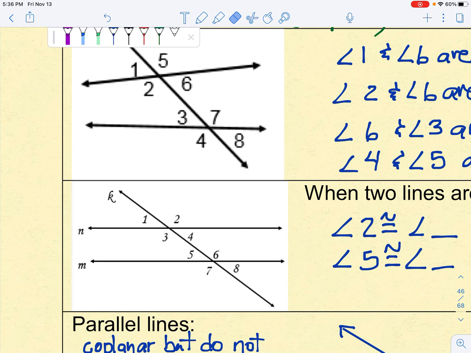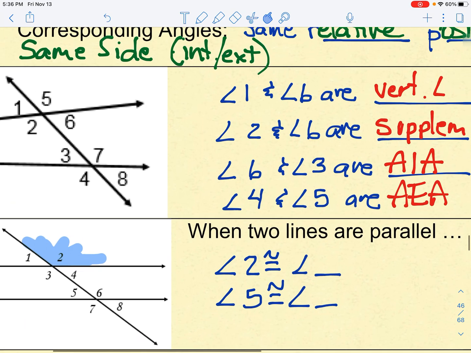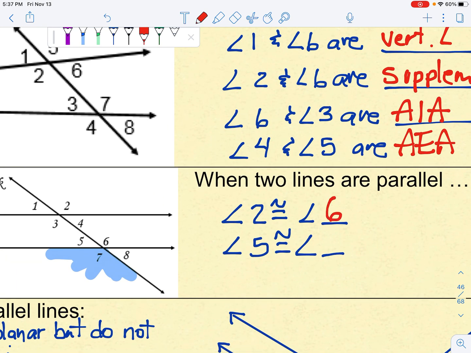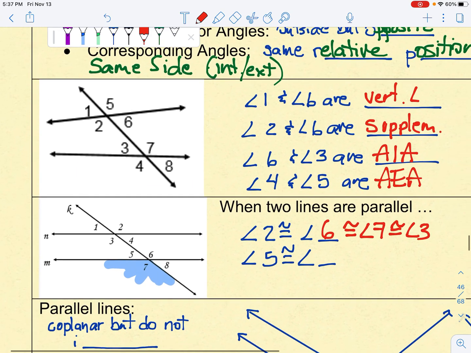All right. So if these two lines are parallel, then angle 2, this angle here, right, is the same as angle 6, right? It's also the same as, if I can spin this around carefully, angle 7. So I'm going to jot that down. Angle 2 and 6 are congruent, and angle 7 is also congruent to it. Now we also know that the vertical angle, angle 3, is also congruent to that one.